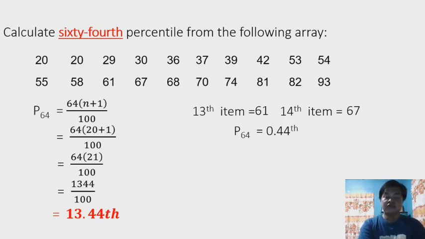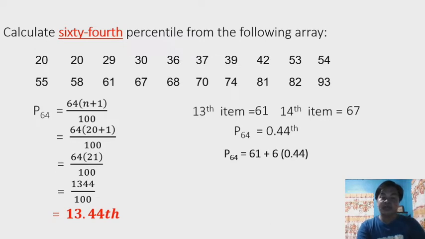Since the difference between 61 and 67 is 6, so 64th percentile will be calculated as 61 plus 6 times 0.44. Then, multiply.